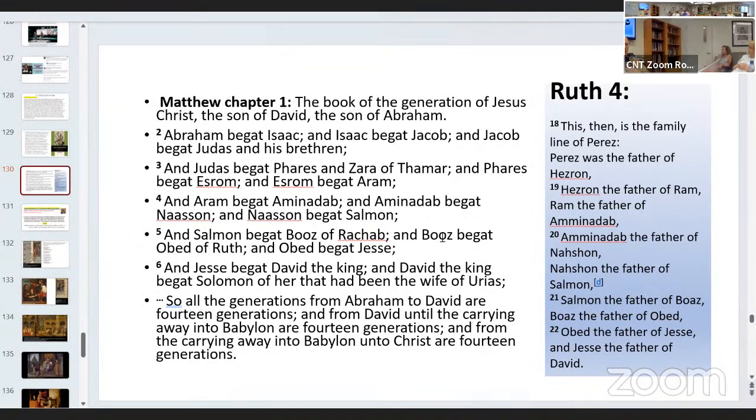Ram, the father of Aminadab. Aminadab, the father of Nachshon, the father of Salmon, some say Salma, and Salmon, the father of Boaz, Boaz, the father of Obed, and Obed, the father of Jesse, and Jesse, the father of David. So this is the lineage according to the Bible.